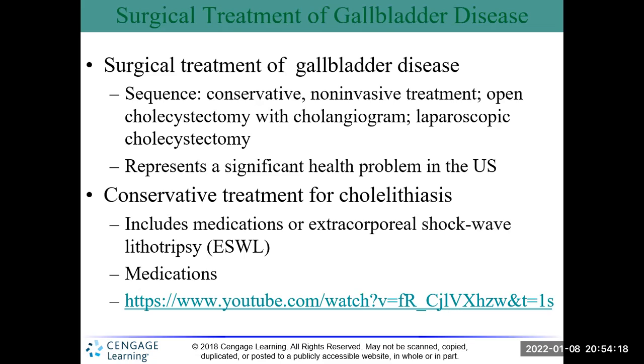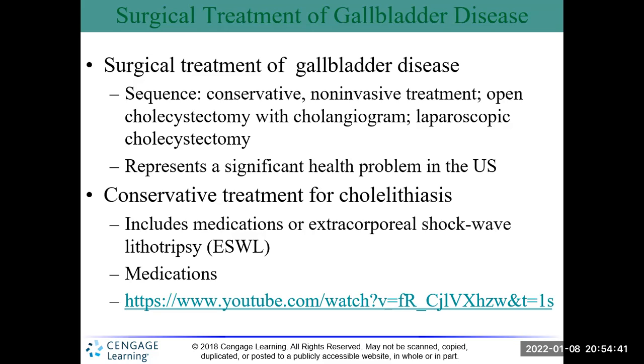Now, treatment of the gallbladder disease, there is a sequence that is followed. Very conservative treatment first, including non-invasive treatments, and then if that is not successful, an open cholecystectomy with cholangiogram.